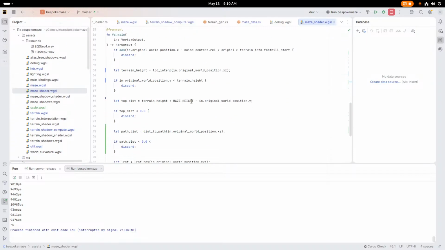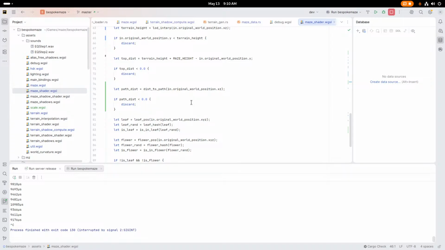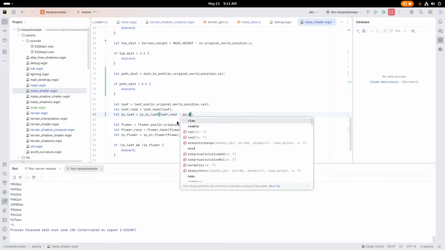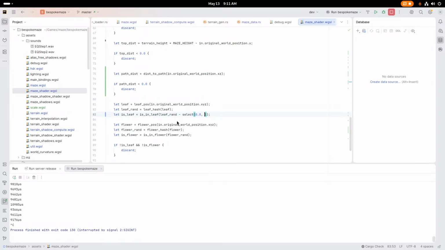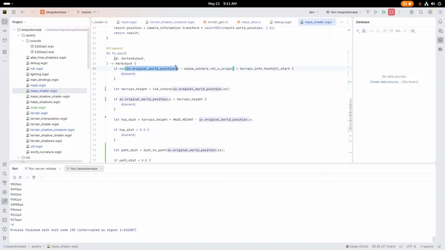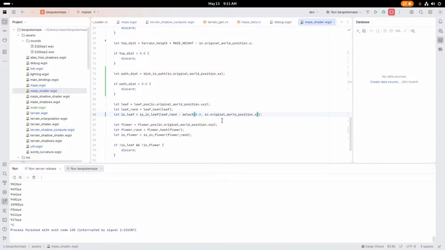Yeah, if I go to Maze Shader, the further away from the thing it is, the more likely it is to be... so the length, right?